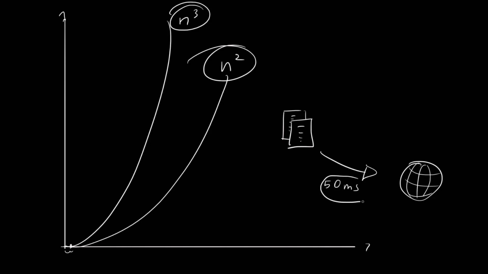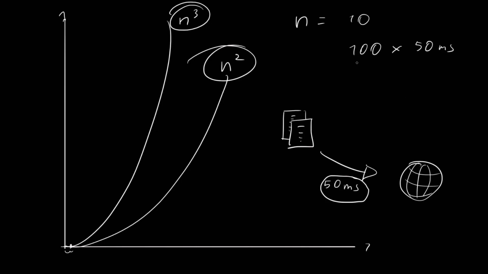If n is 10 and you have n squared, you will do this 100 times, and that is 100 times 50 milliseconds.